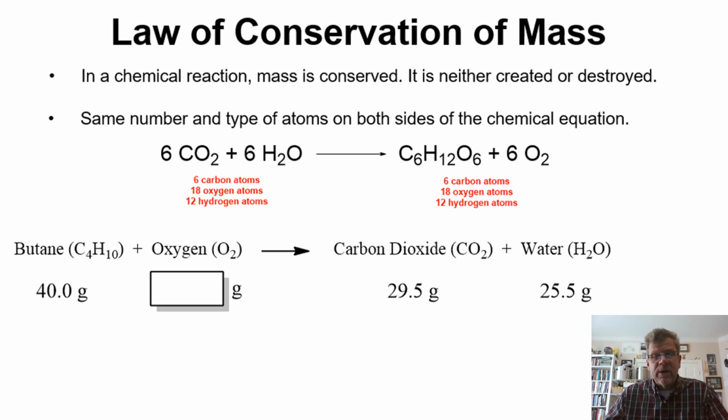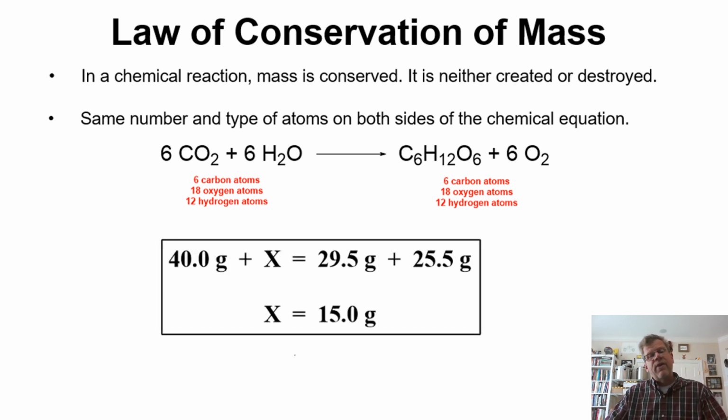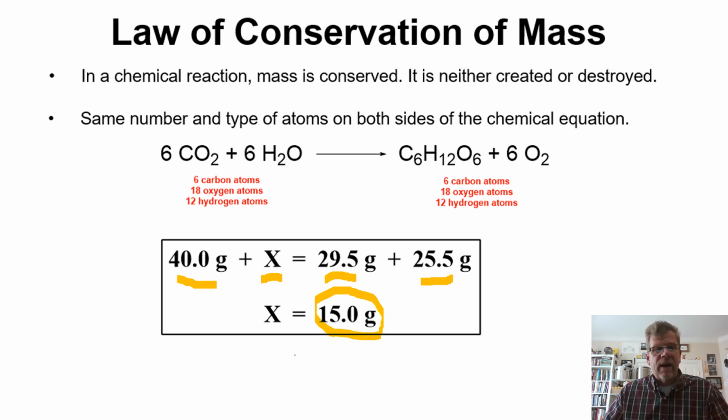So this becomes set up in an elementary fashion, really, we just do some simple algebra. Here's the mass of the reactants with X as the mass of oxygen. Here's the mass of products, and we can very easily solve for the mass of oxygen. This comes out to be 15 grams.